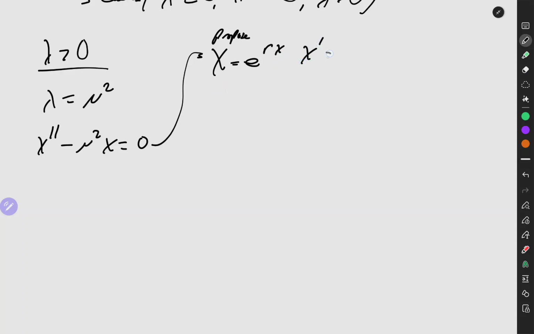Let me put them up here. Little x, x double prime is equal to r squared e to the r little x. Plug those into the characteristic equation.